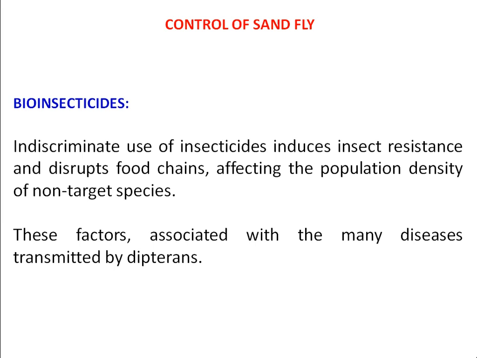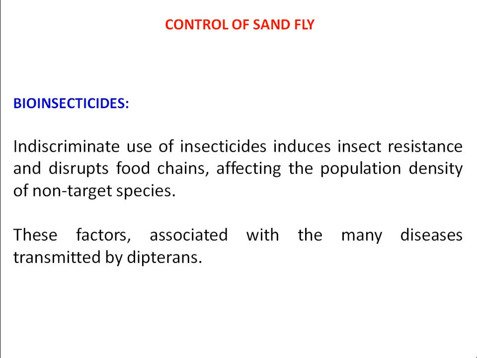As far as bioinsecticides are concerned, the indiscriminate use of insecticides induces insect resistance and disrupts the food chain, affecting the population density and non-target species also. This is one of the disadvantages of going on spraying insecticides.